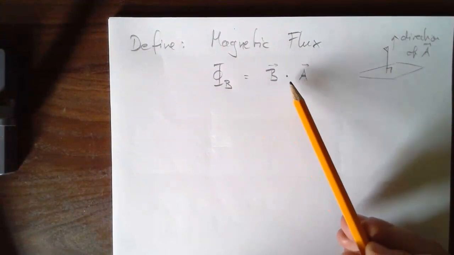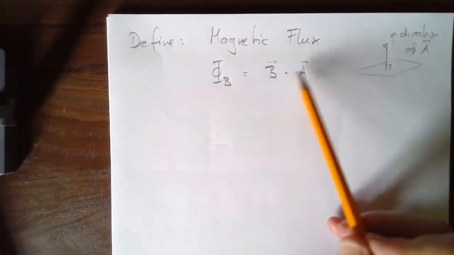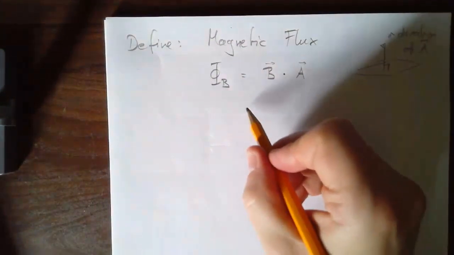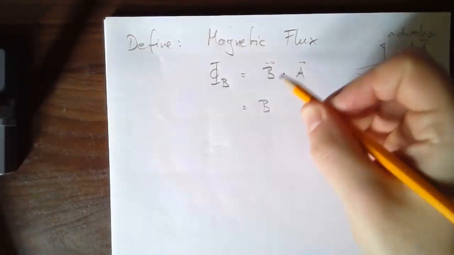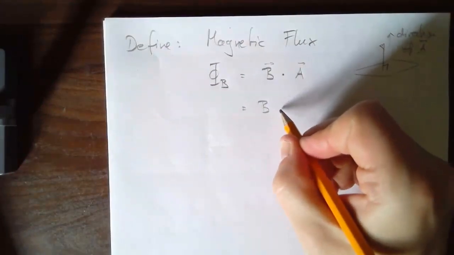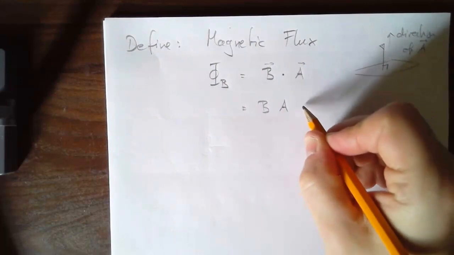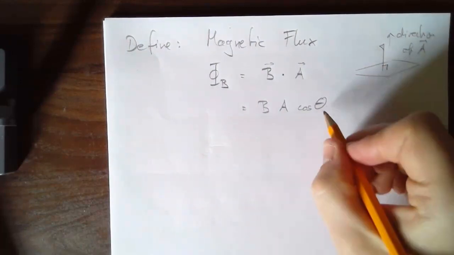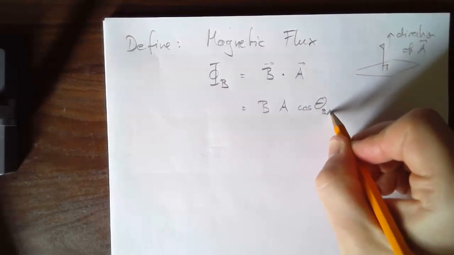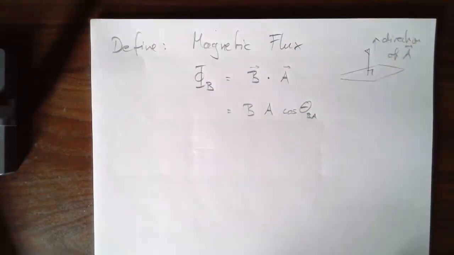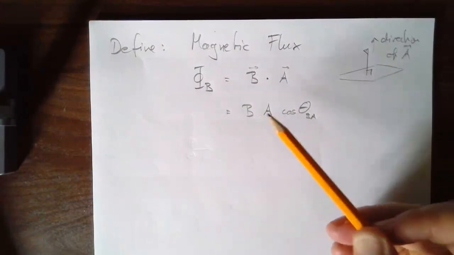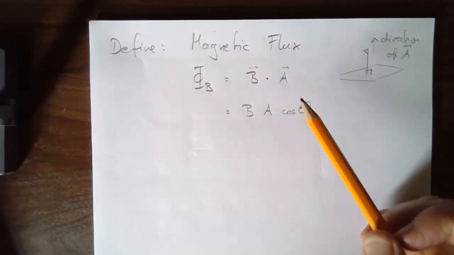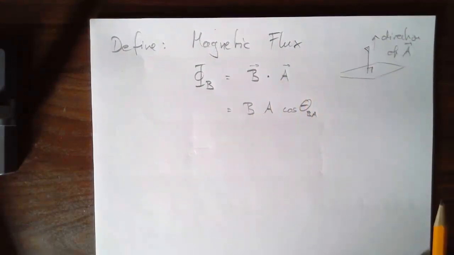Magnetic flux is phi B equals B dot A. Right, the dot product, I can also write this as the magnitude of B, times the area, times the cosine of the angle between B and A. Again, that should be familiar from having done exactly the same thing with electric flux in the past.